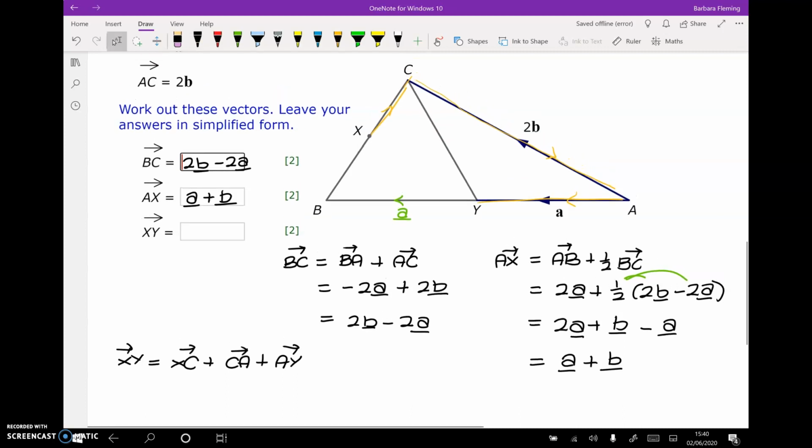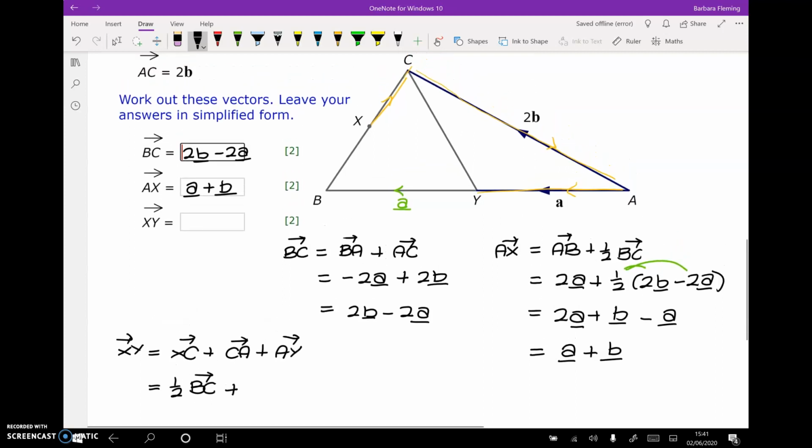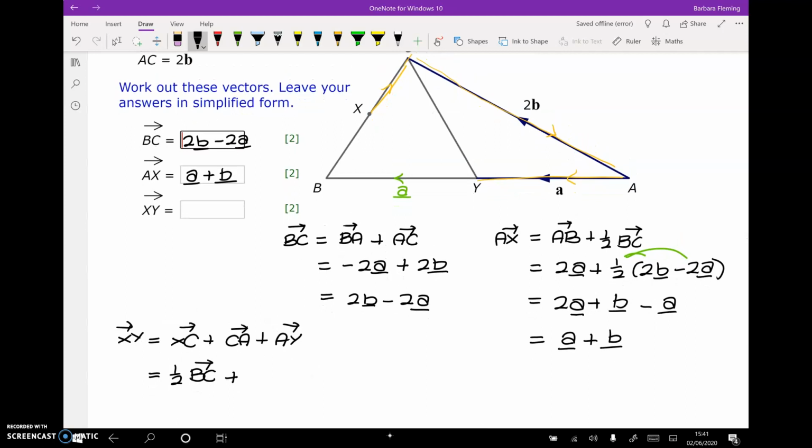Now that X to C is going to be half of B to C. Same direction, so it's going to be half of B to C. Again, I'll use my first answer that I got for that. Followed by C to A, I can put in straight away. It's minus 2B, watch out for that change of direction.